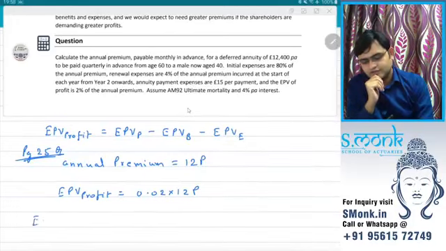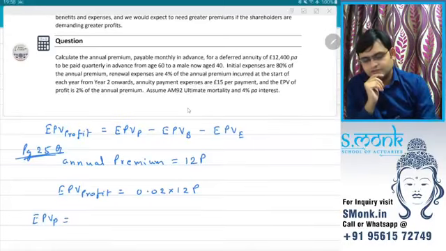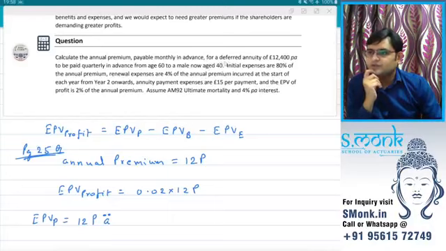We can find the expected present value of premium. They are saying premium payable monthly in advance, so 12p a due. Now here what is happening is premium is paid monthly in advance for a deferred annuity, this much to be paid quarterly in advance, this much the initial expense, renewal expense incurred at the start of each year from the second year onwards, annuity payment expenses are this much.